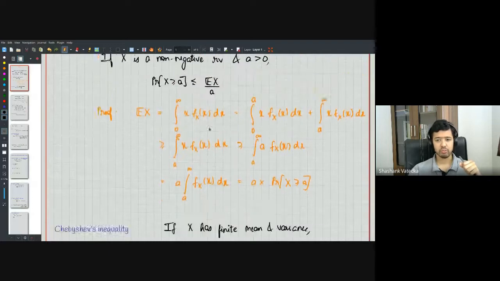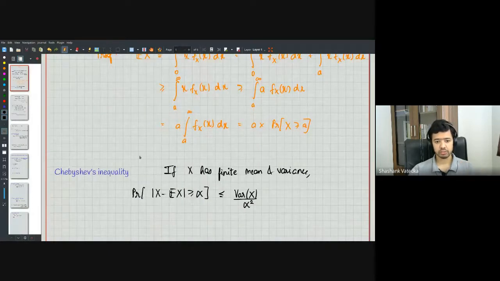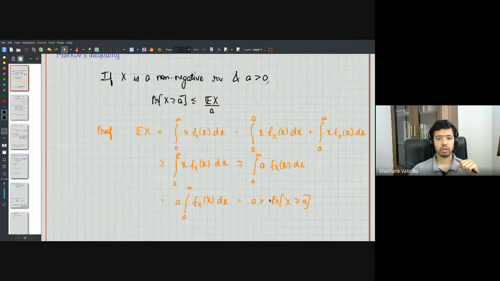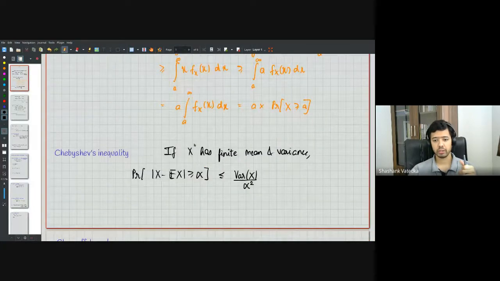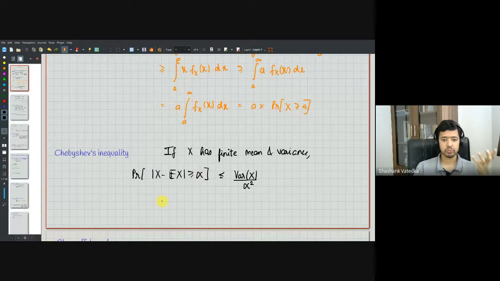Essentially, almost all such inequalities boil down to using Markov's inequality on a slightly different random variable than the one that you have. Here, you apply it on the random variable x minus expectation of x, the whole square. You basically get this by squaring both sides.